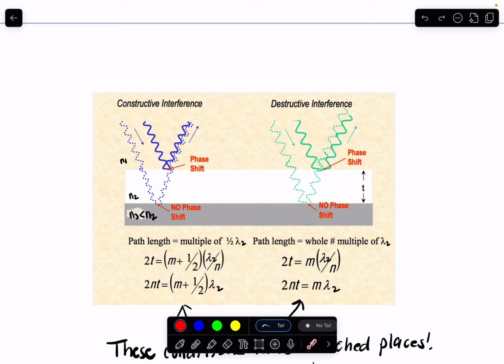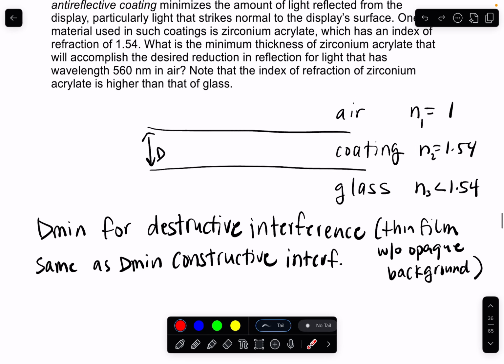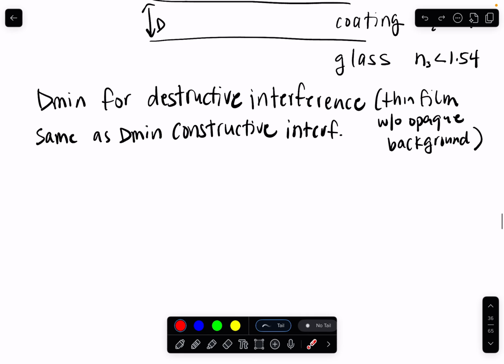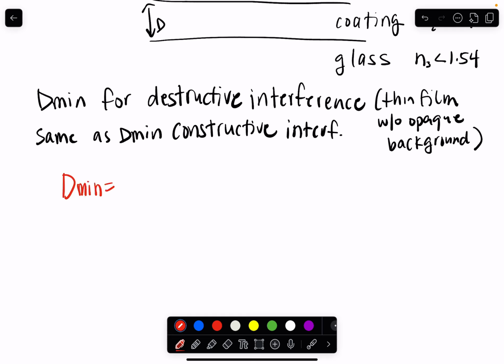And this is in terms of lambda 2, so we're going to have to convert lambda 2 to lambda 1, which we know how to do. So let's go ahead and write down that destructive interference condition. Two times the thickness equals m lambda 2. Lambda 2 is n1 lambda 1 over n2.